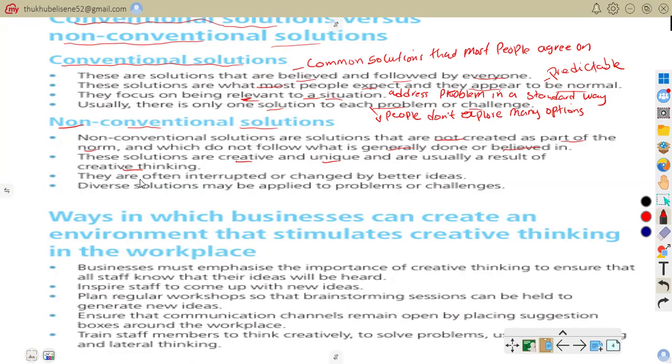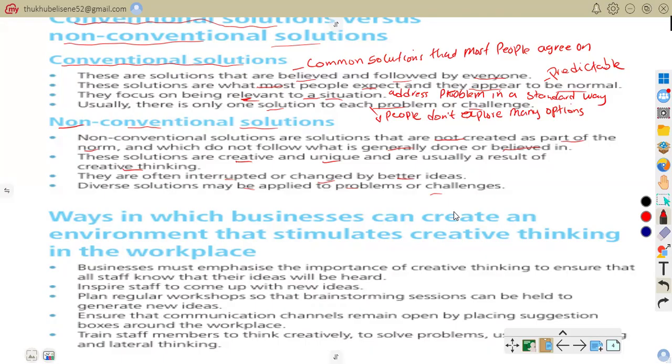And also they are often improved or changed by better ideas. These ideas keep evolving as new ideas come up. Diverse solutions may be applied to problems or challenges. Here we're talking about many different solutions that can be used.